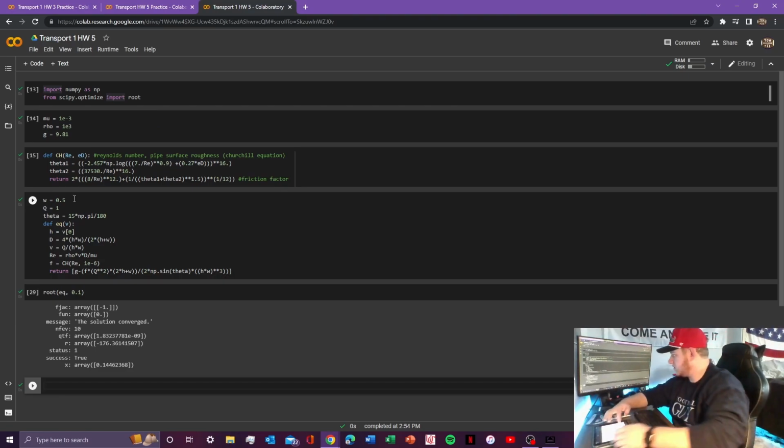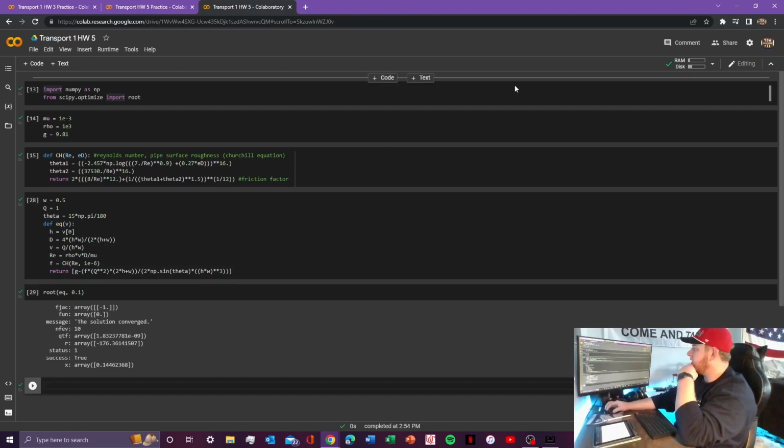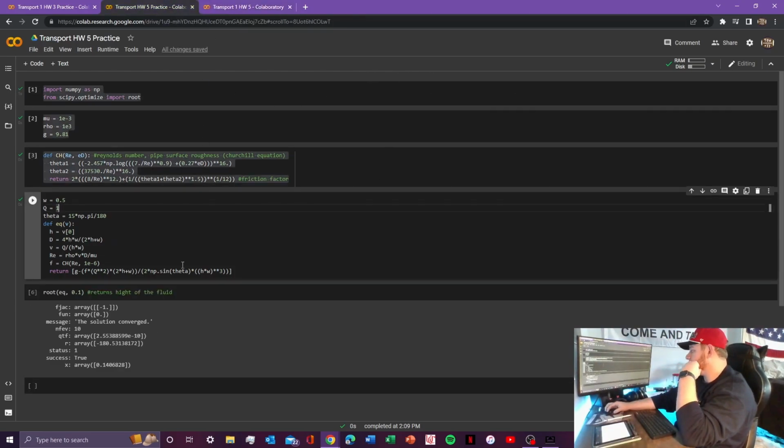Let's look through our notes one more time just to be sure that we put everything in right. G minus F times Q squared times 2H plus W over 2 sine theta, and so on. Let me check my key here. Oh no, it's not the right answer. What do we do now?